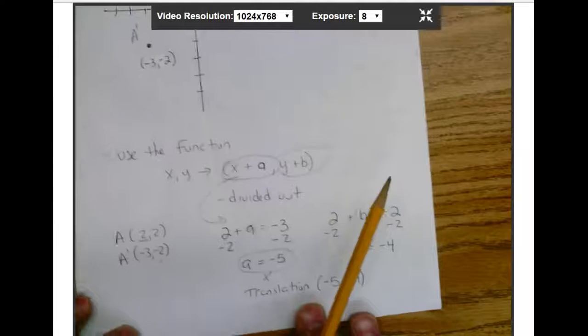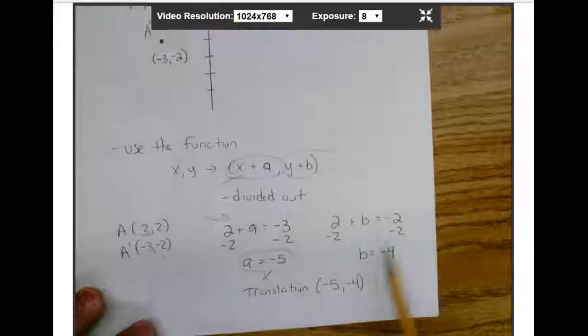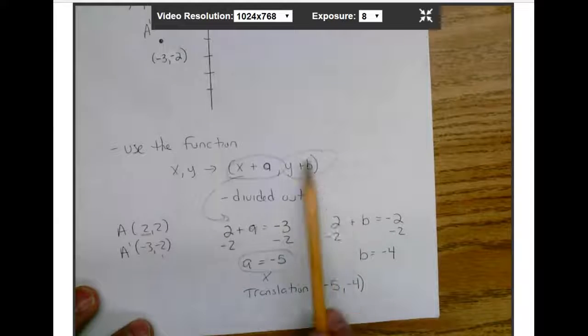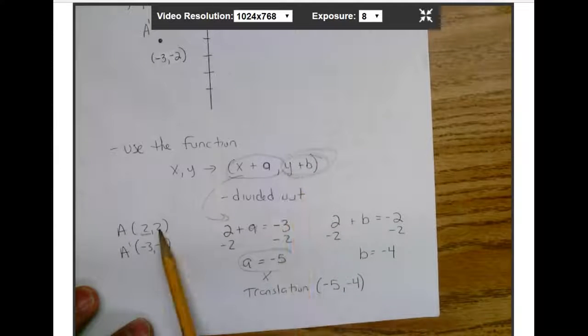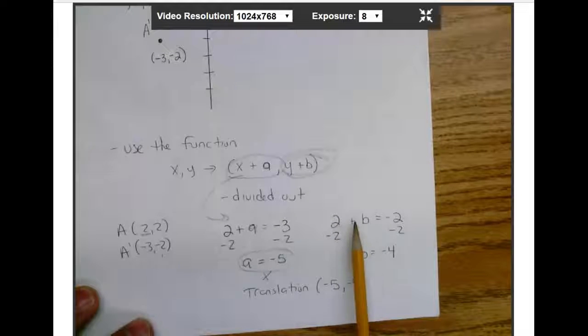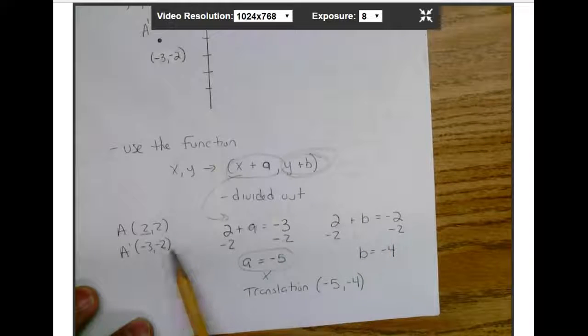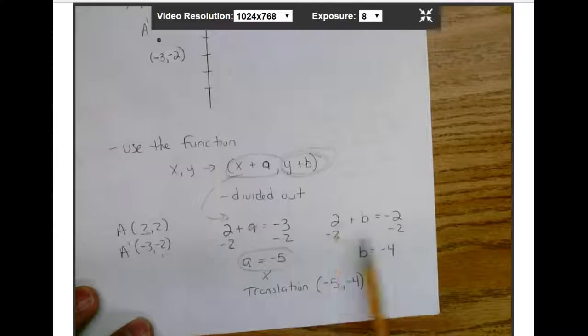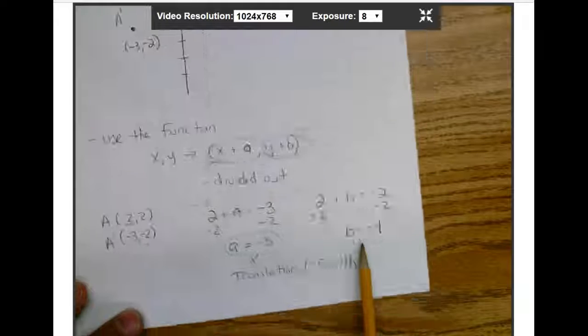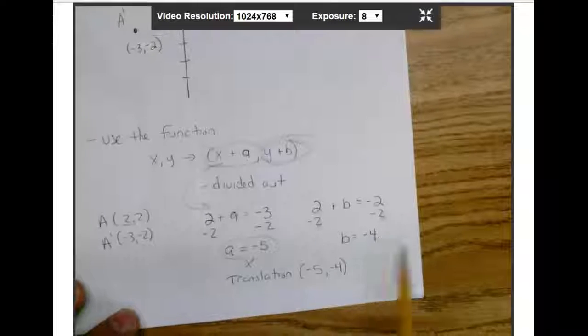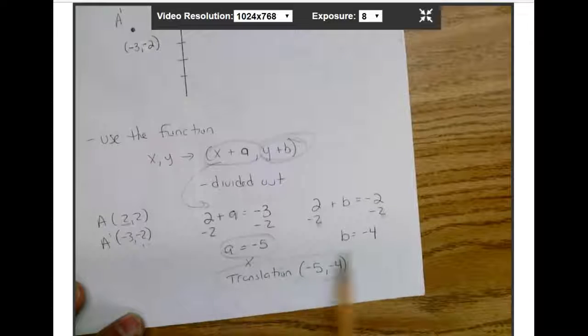We take y plus b, we plug it in, we know that y is equal to 2, so 2 plus b equals negative 2. We subtract 2 from both sides, and we get b equals negative 4. So our translation vector is negative 5, negative 4.